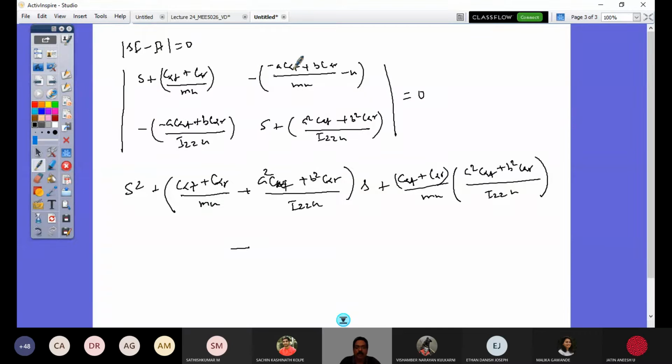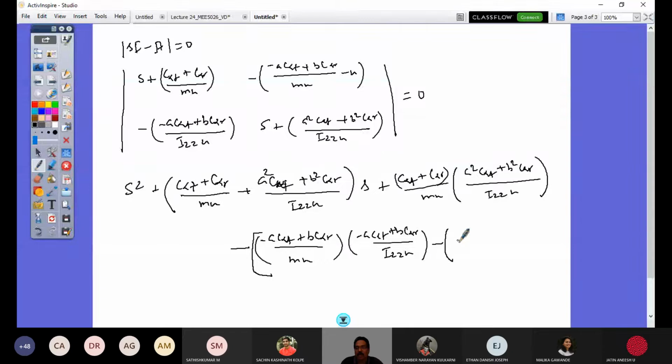That's going to be minus (a C alpha F plus b C alpha R) by mu, again minus (a C alpha F plus b C alpha R) by IZZ u, minus in bracket, minus (a C alpha F plus b C alpha R) by IZZ u into u. That's equal to 0.